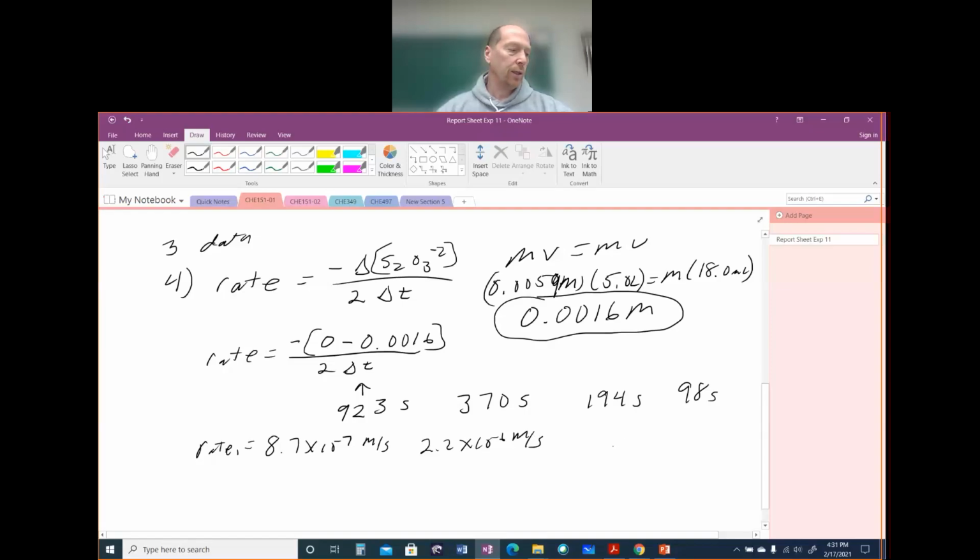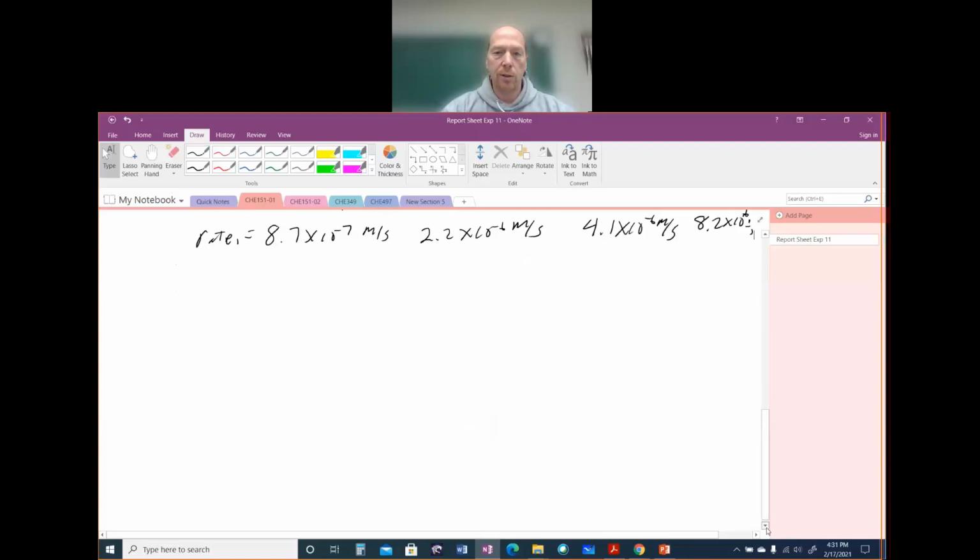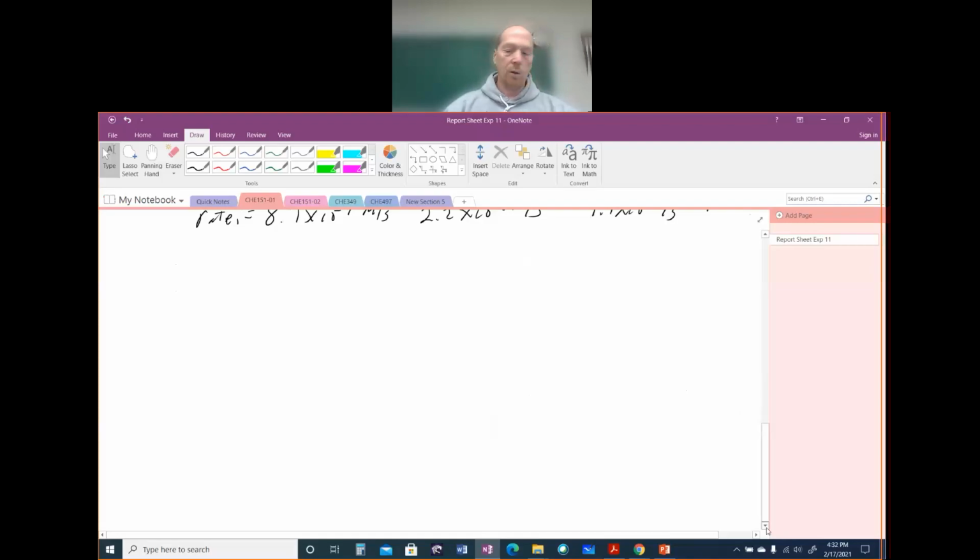For the third one, 4.1 times 10 to the minus 6 molarity per second. And for the last one, it is 8.2 times 10 to the minus 6. All right, so those are the 4 rates that you get when you use this data.